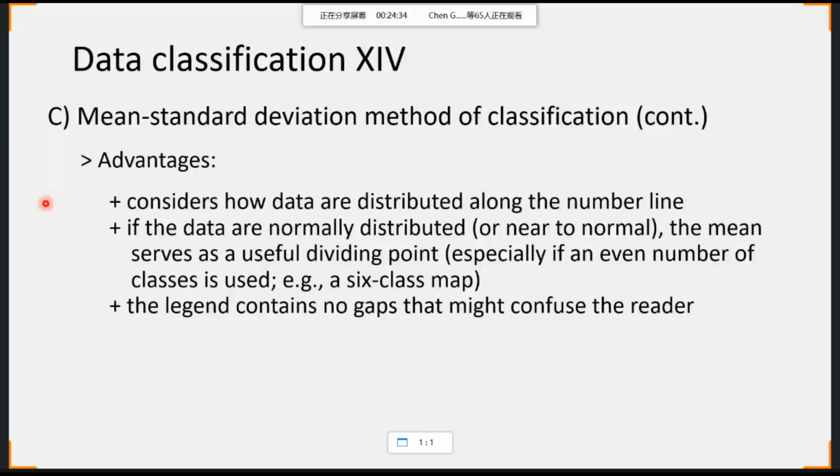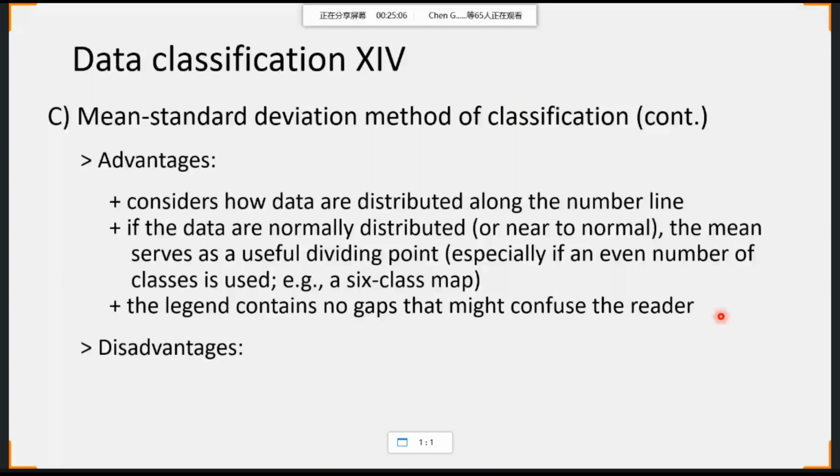So 50-50. 50% of the data is below and 50% is above it. Therefore, it is a useful dividing point, but only if the data are normally distributed, especially if an even number of classes is used. For example, a 6-class map. The legend contains no gaps that might confuse the reader because it's computed.